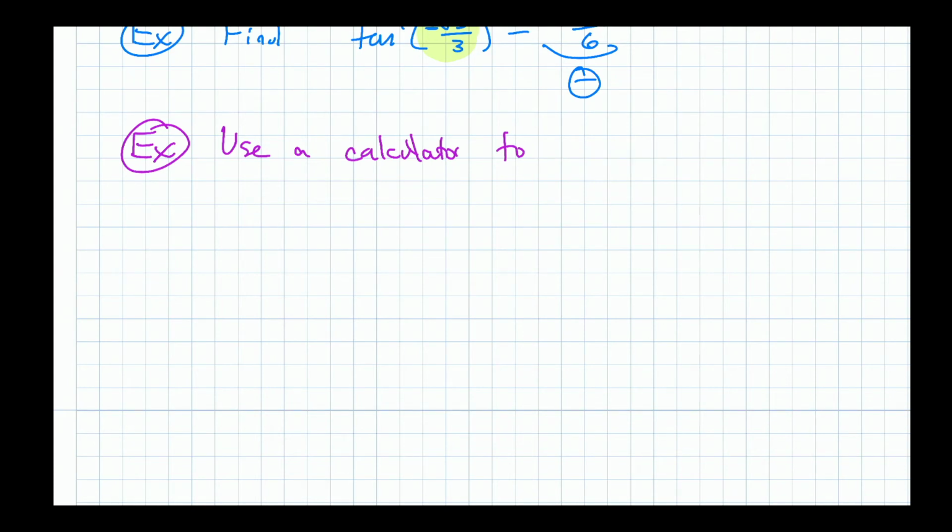They say use a calculator to solve the equation in negative pi over 2 to pi over 2. Now the reason they're saying negative pi over 2 to pi over 2 is to make sure that your calculator can do it and everything's going to be fine with the answer. So that's to help you.